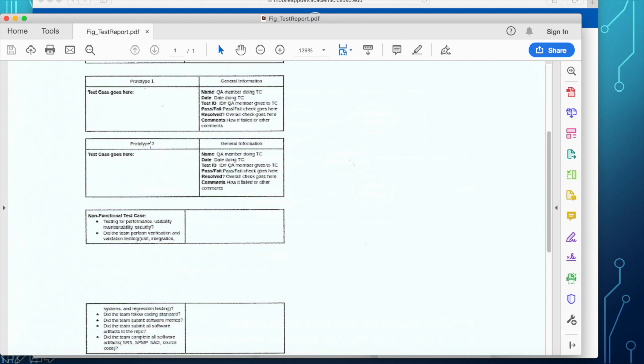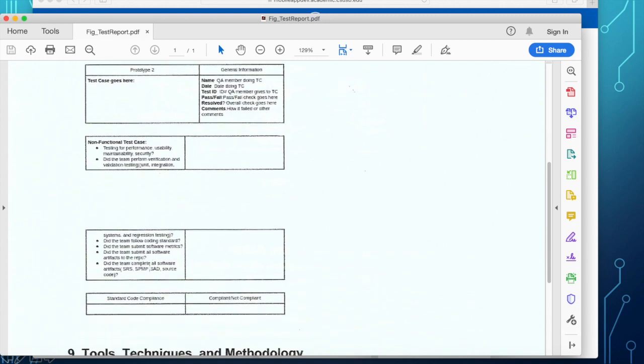The functional requirements, all of the test cases should be marked passed. The non-functional test cases should all be passed, and all the supporting activities for a good software process will be logged into the test report.